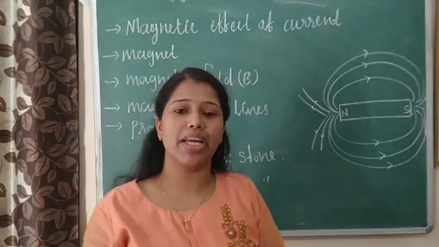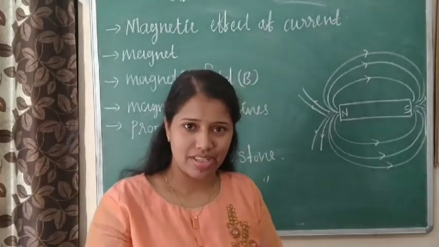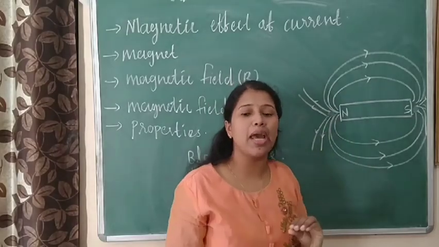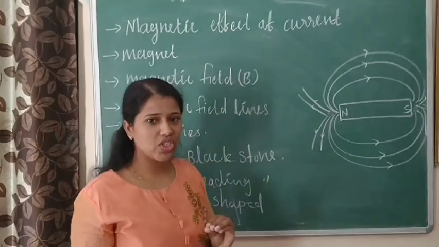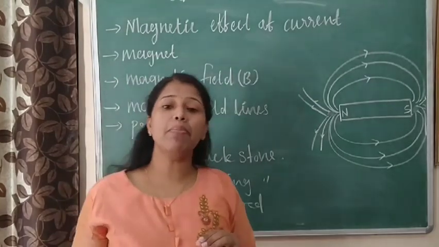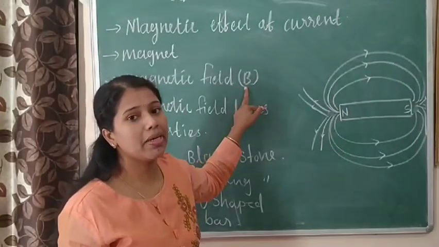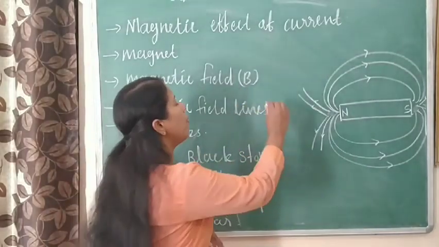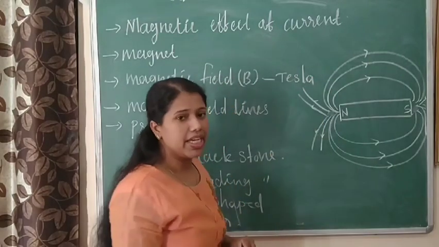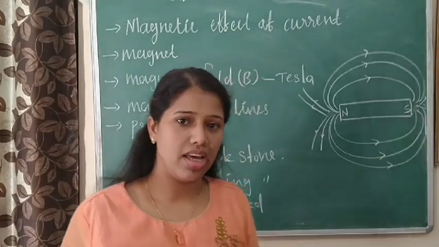For example, if you keep one magnet and bring iron nails near, it attracts them. The space around a magnet where its effect can be felt is known as magnetic field. It is denoted by the letter B. The SI unit of magnetic field is Tesla.